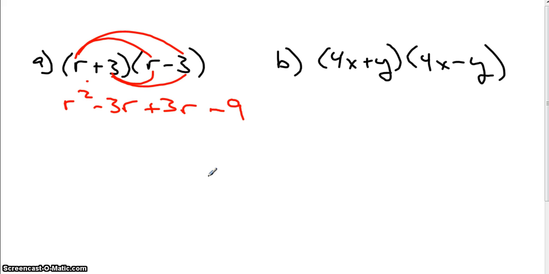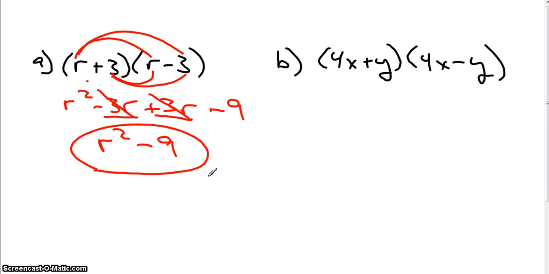Okay, so we see opposites, and so we end up with what when we simplify? Do we see here the difference of two perfect squared numbers, right? 9 is a perfect square, r is a perfect square. So ultimately the goal would be to come straight here. Okay? Let's see if we can go straight there with this one.